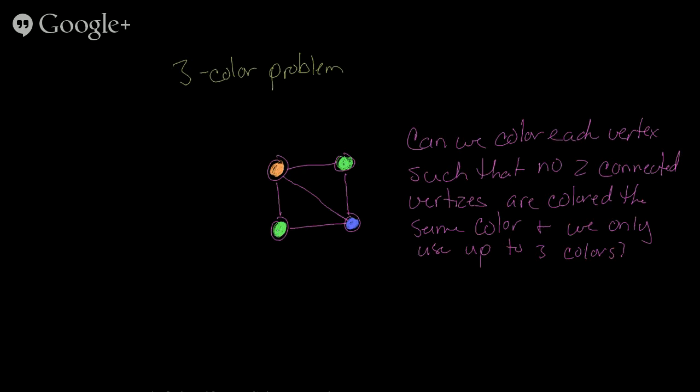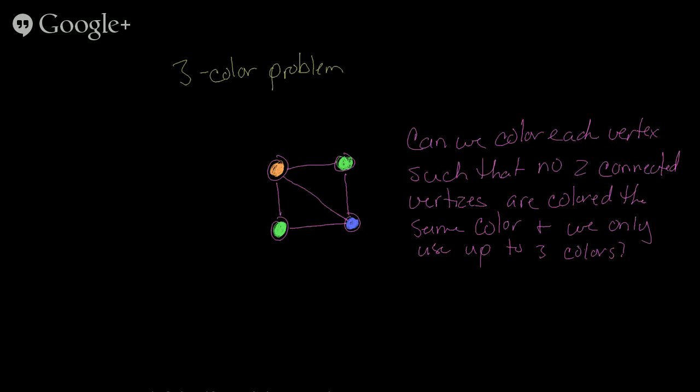And so we have seen that given this graph G, we can color each vertex such that no 2 connected vertices are the same color, and we only use up to 3 colors. Okay, so we found a solution for this problem, and what you would want to do is say, okay, I have this supposed solution to the problem, and I want to check to make sure that it is a solution.